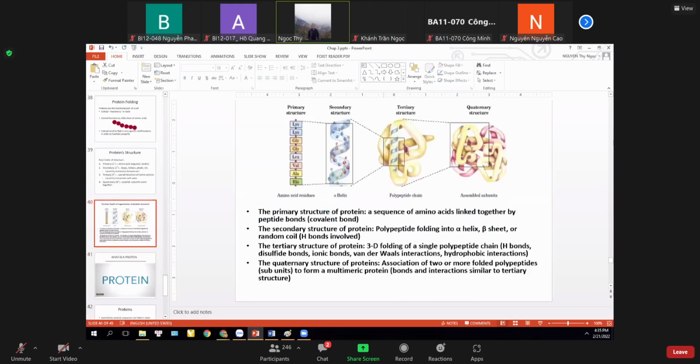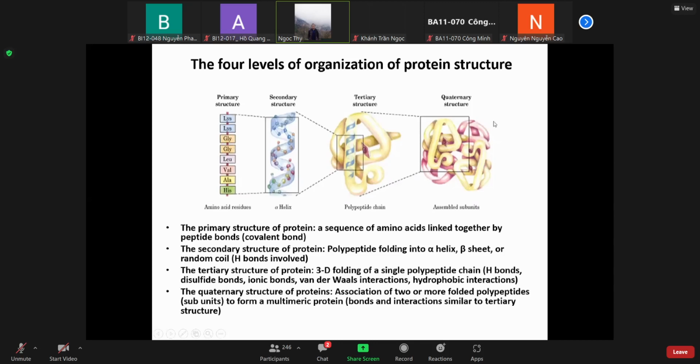Okay, so the different structure levels in here. The primary structure is formed by the peptide link, which is a covalent link, and the covalent link is really stable to temperature. But the higher structures, the secondary and tertiary, are formed by non-covalent links.